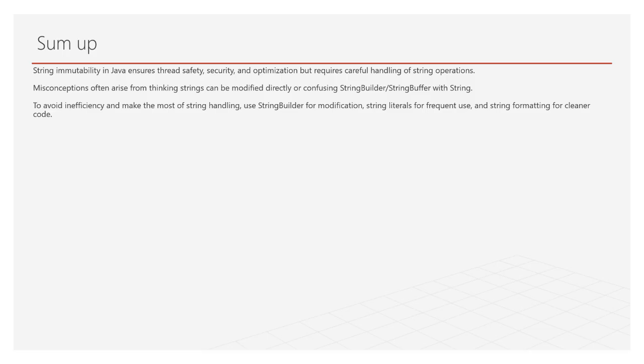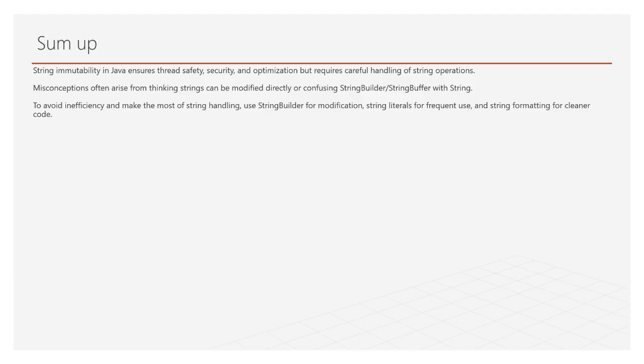To sum up what we have discussed so far: first of all, why string is immutable. Basically it is for thread safety, security, and better optimization, so that it carefully handles your string operations. We also discussed the common misconception about it, and what we can use, such as StringBuffer or StringBuilder, instead of string.